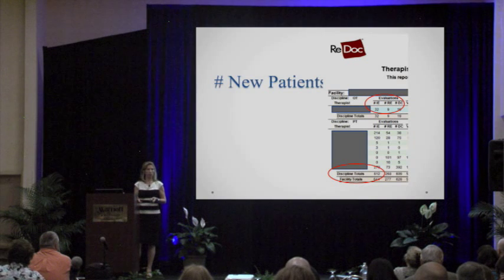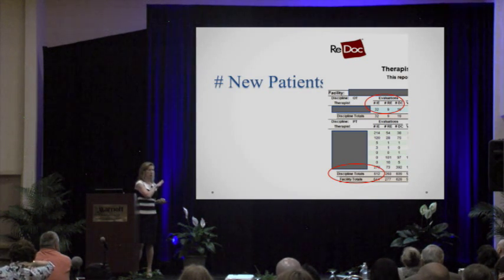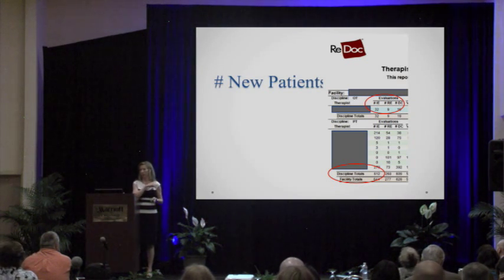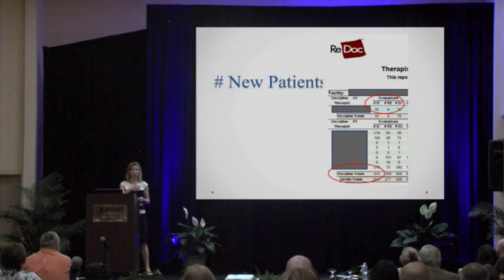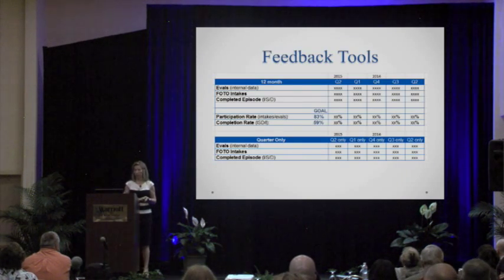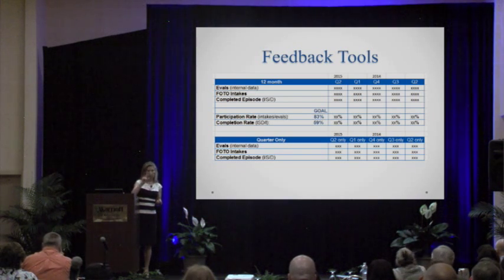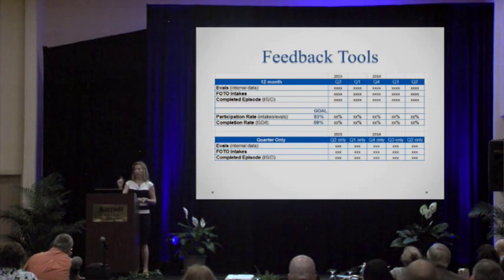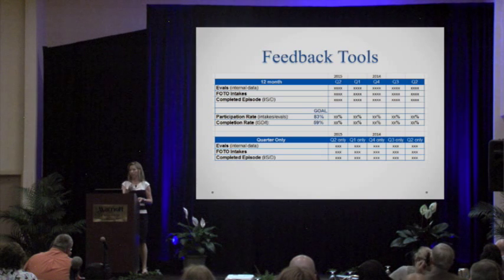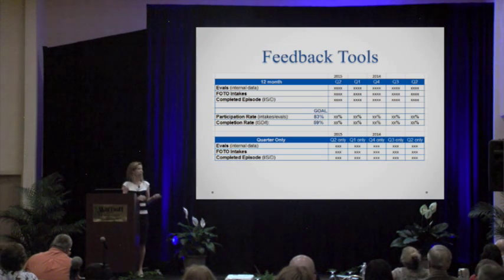And then you take your number of photo intakes. Sometimes in an electronic medical record you might have an easy place you can look. This is an example of a redoc screen where they just show number of new evaluations. Again, because Photo is not able to provide you with what your participation rate is, this is just an example of an Excel document that you could just do internally.